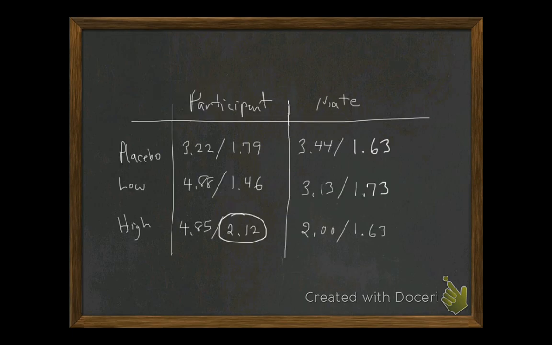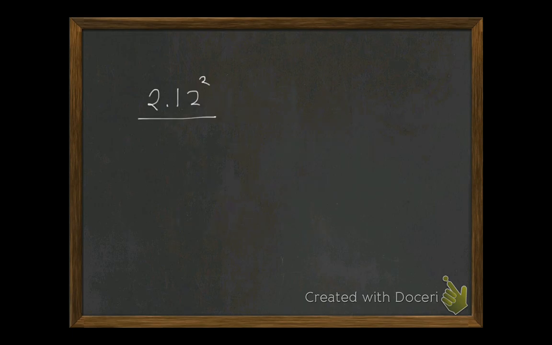So I want 2.12 squared over the smallest standard deviation, 1.46, squared. If the assumptions haven't been violated, then this ratio should be less than 2.